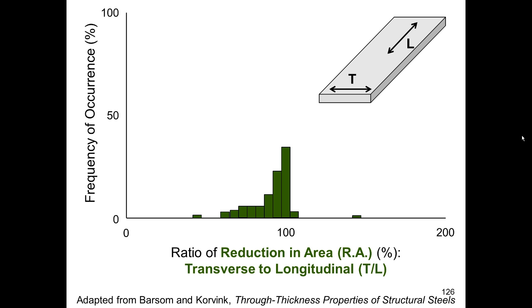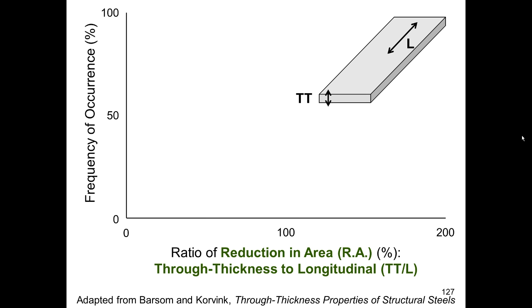Next, I want to look at the reduction in area comparing the through thickness to the longitudinal. And when we plot that data up on our histogram, now we see something that is very flat, and we notice that there is a significant portion of the steel that has much less reduction in area, much less ductility as compared to the longitudinal properties of the steel.